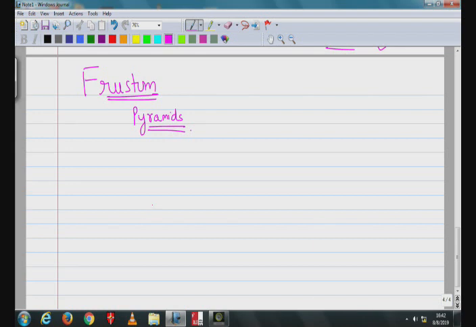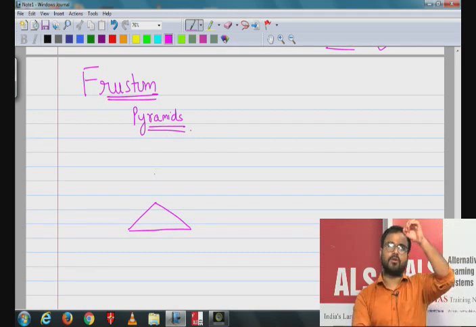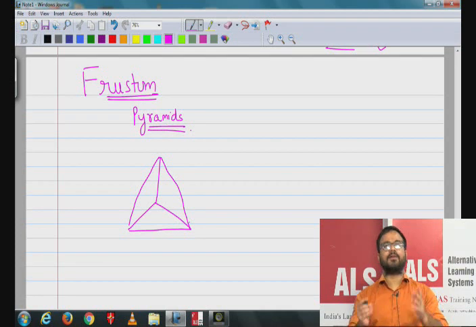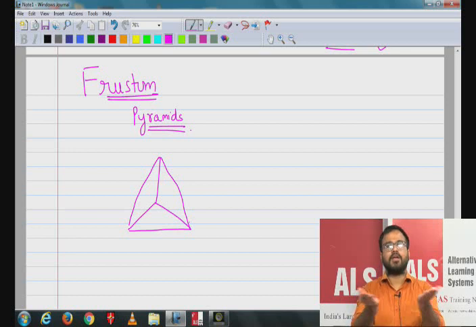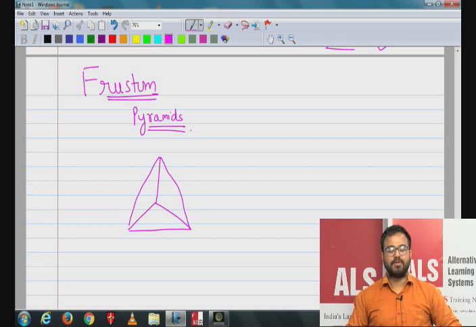Like the polygon can be a triangular shape, and on the top there has to be a vertex. The best example is the pyramids of Giza in Egypt. You have seen how those pyramids look: a polygon on the base and the vertex on the top, joined by triangular faces.